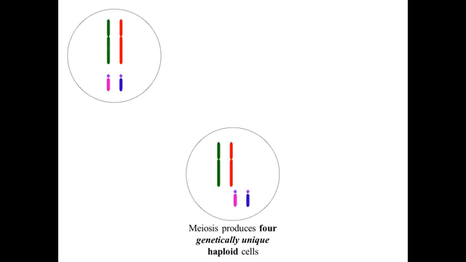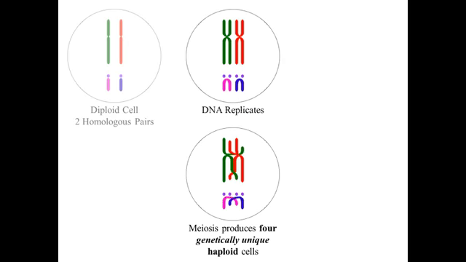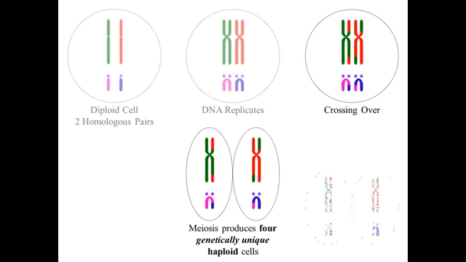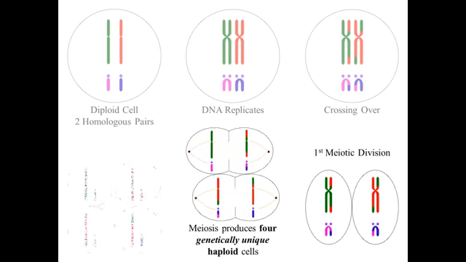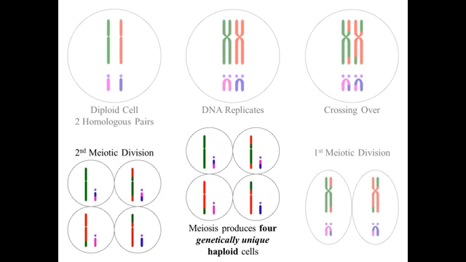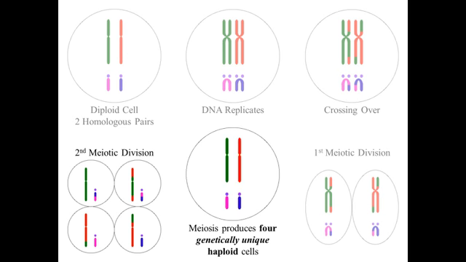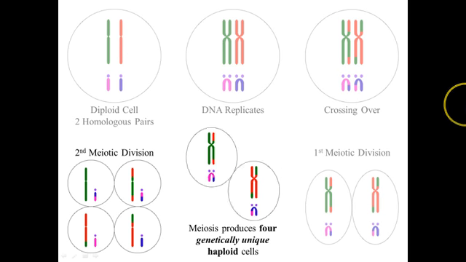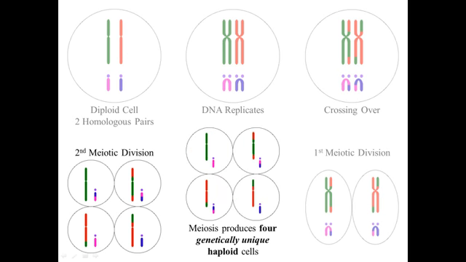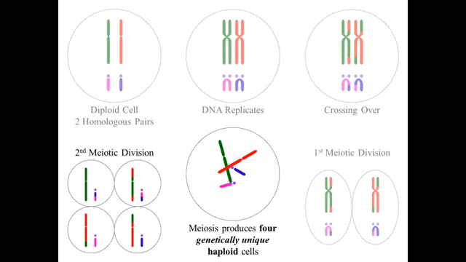Okay, so here's a little animation to show how this works. We start off with a diploid cell with two homologous pairs. The DNA then replicates, right? So now each of these chromosomes has an identical chromatid. The next thing that happens is crossing over occurs.